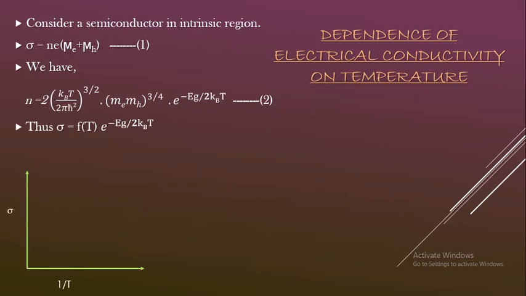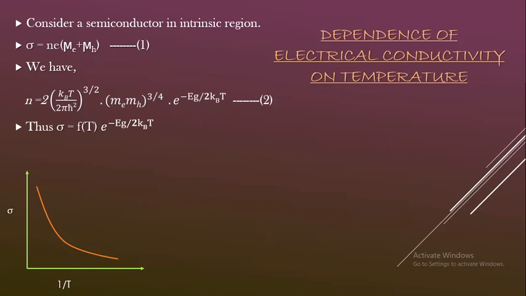If you plot electrical conductivity as a function of inverse temperature, we observe an exponentially decreasing graph as shown, because sigma is directly proportional to e raised to minus E_g by 2 k_B T. Here we have 1 by T, so when you plot it, it is the minus of that term, and we get an exponentially decreasing graph.